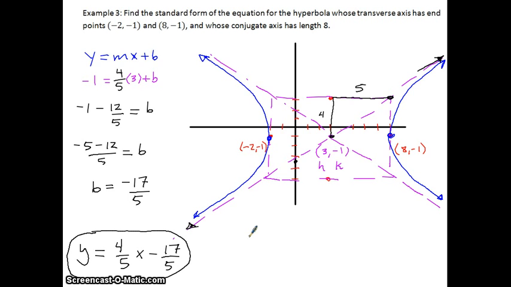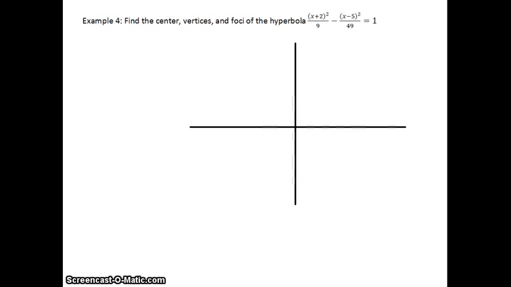Okay, let's finish up with this last problem here. We want to find the center, the vertices, and the foci of the hyperbola. Let's start off with the center, (h, k), so we take the opposite of the 2. We got a -2 and then a +5.